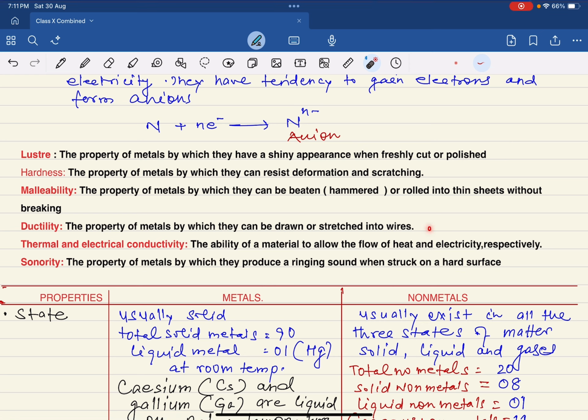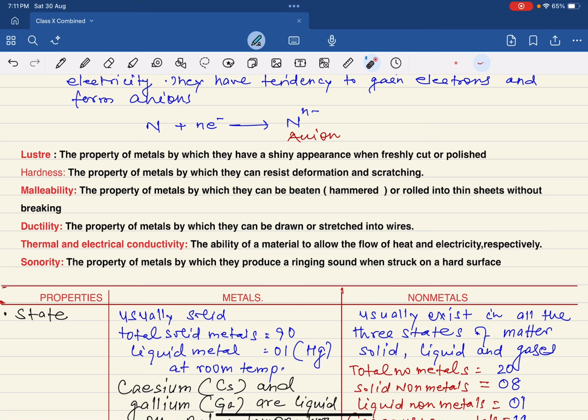Next property is ductility, the property of metals by which they can be drawn or stretched into a wire. Thermal and electrical conductivity means the ability of a material to allow the flow of heat and electricity respectively. Then sonority, the property of metals by which they produce a ringing sound when struck on a hard surface.